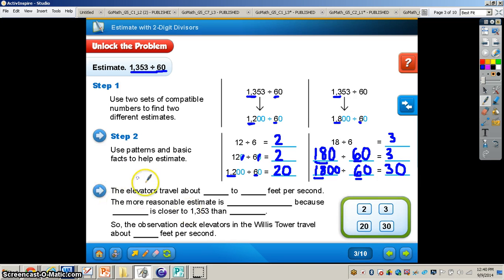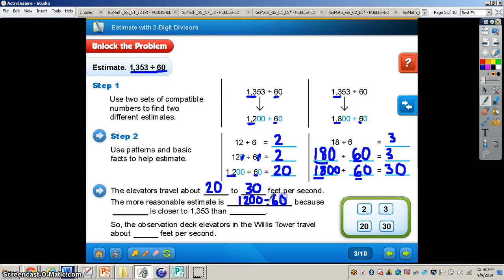So from this estimated answer, the elevators travel about 20 to 30 feet per second. The more reasonable estimate would be 1,200 divided by 60.